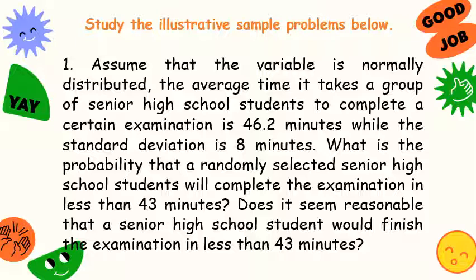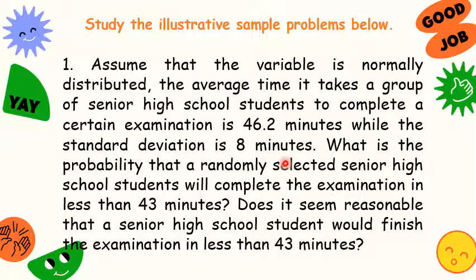Na while yung standard deviation is 8 minutes, meaning yung 46.2 na to pwedeng madagdagan ng 8 minutes or pwedeng mabawasan ng 8 minutes. Hindi ba yun naman yung use ng ating standard deviation? So, what is the probability that a randomly selected senior high school student will complete the examination in less than 43 minutes?